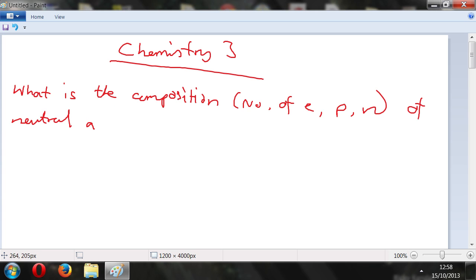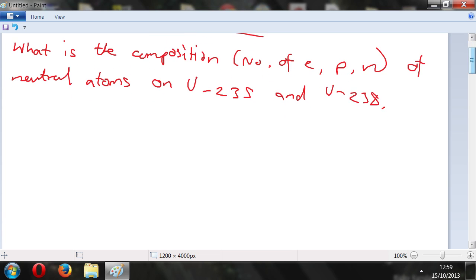So no ions yet. I'll do an ion question in a minute. Neutral atoms of U235 and U238. Basically, 235 is going to be the mass, like I mentioned before.